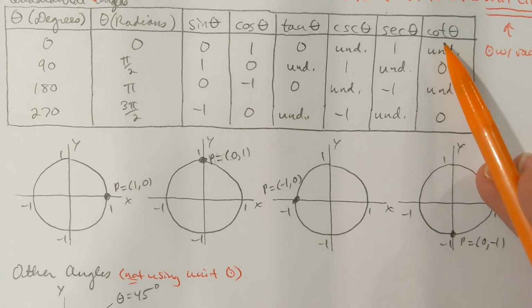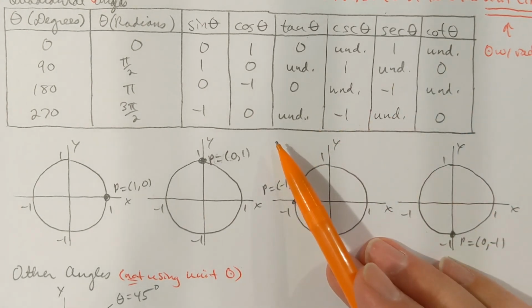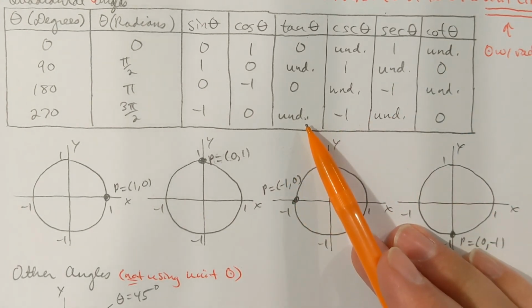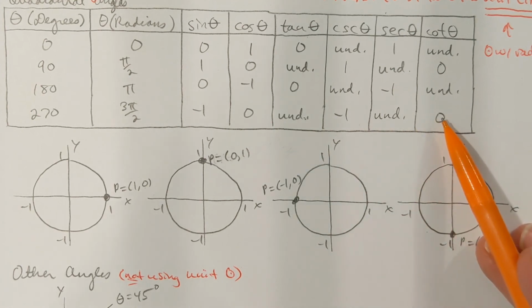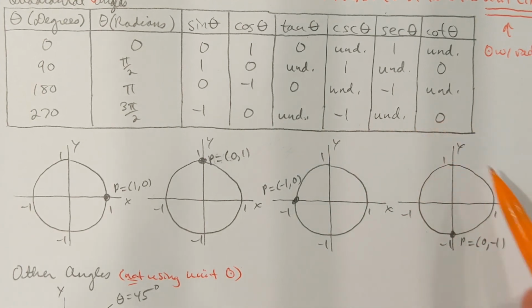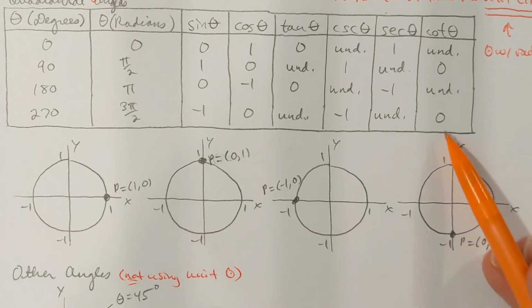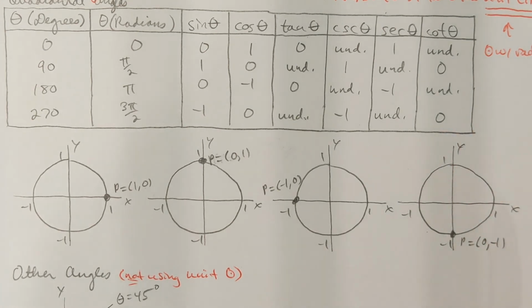And cotangent of 3 pi over 2, that'd be the reciprocal of tangent of 3 pi over 2. Tangent of 3 pi over 2 is undefined, but if you switch the numerator and denominator, 0 would be in the numerator. It's going to be x over y. X is 0, y is -1. That'll give us 0 there. Okay.